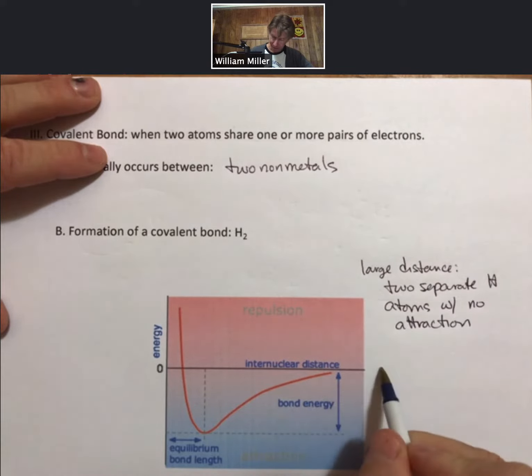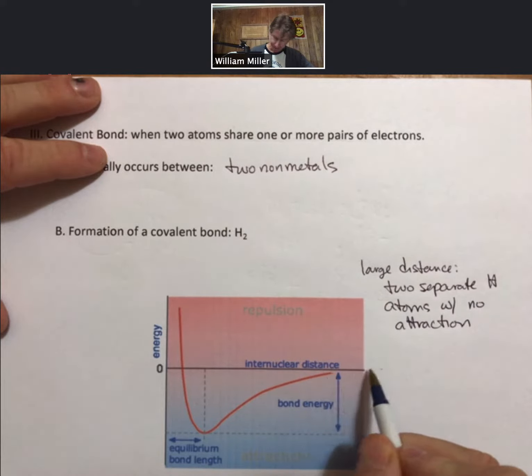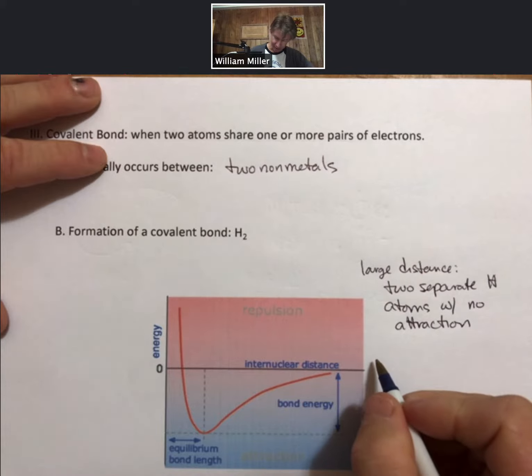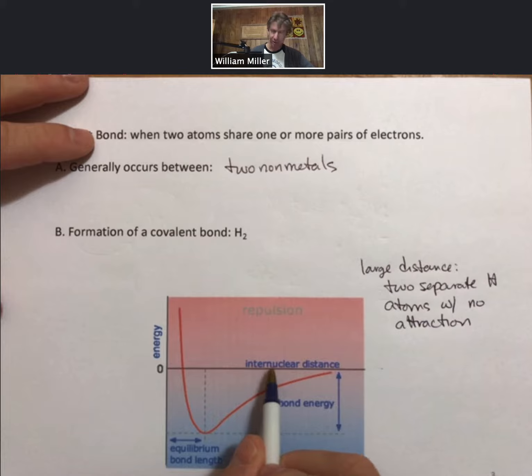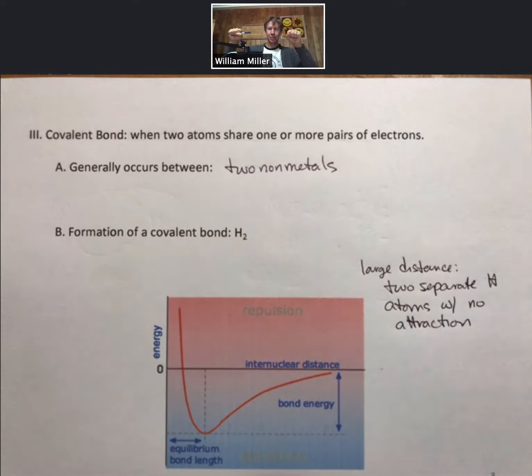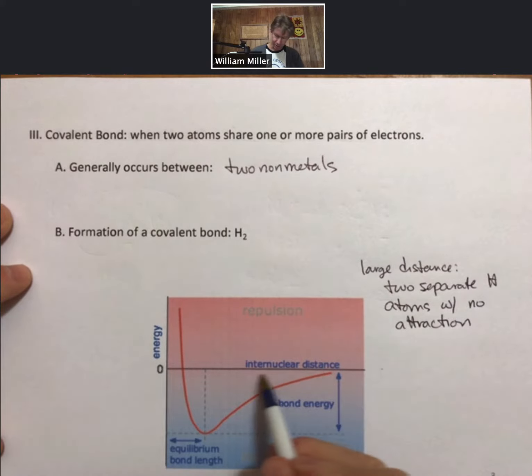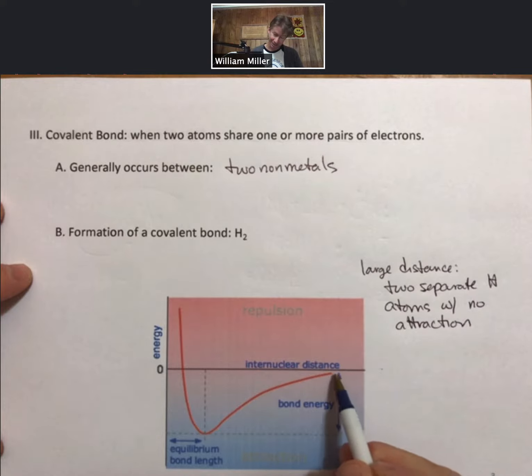And truly, that'll be out here somewhere. And so here's our 2 hydrogen atoms. And so internuclear distance is going to be the distance between them. As they get closer and closer together, we are getting closer along to 0 along the internuclear distance axis.